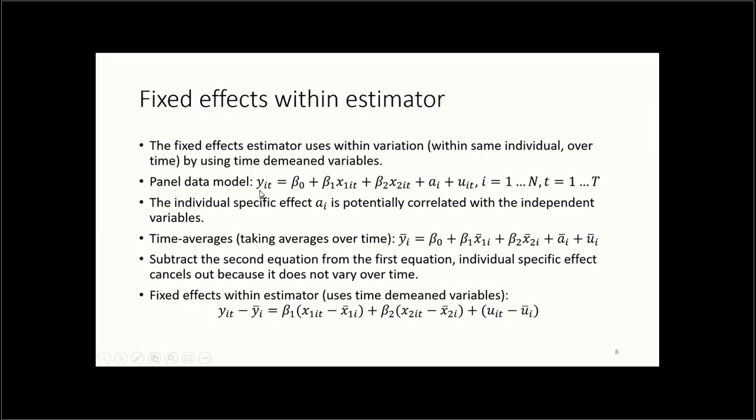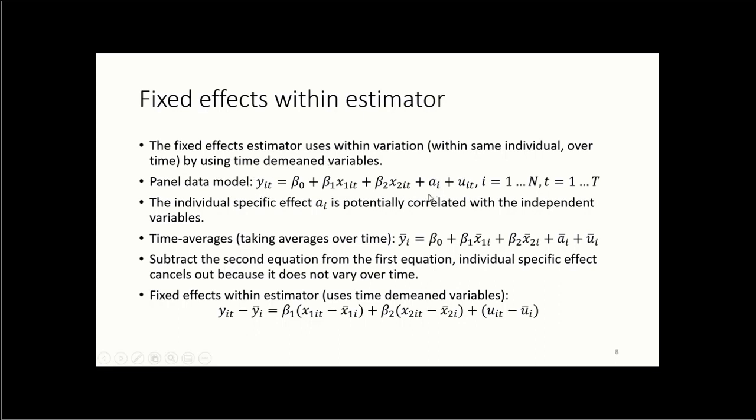If we start with the same panel data model that has individual specific effects a_i, let's suppose that these individual specific effects are potentially correlated with the independent variables. So maybe you can think of these individual specific effects as a variable such as ability of an individual that is not observed but affecting the dependent variable, say wage.